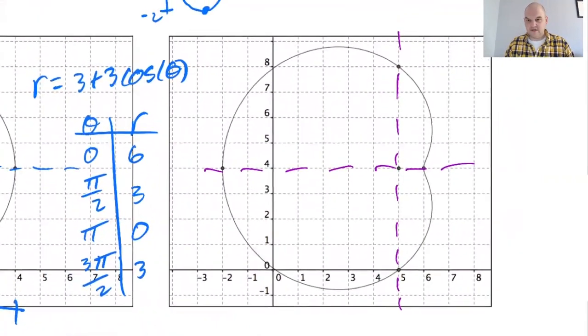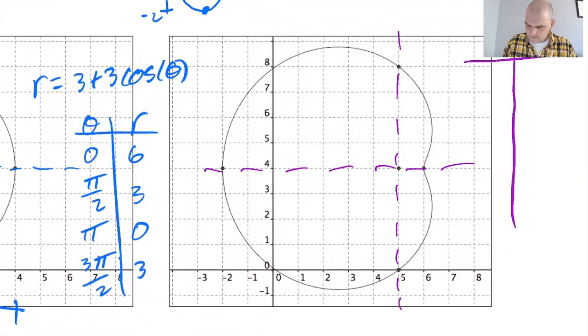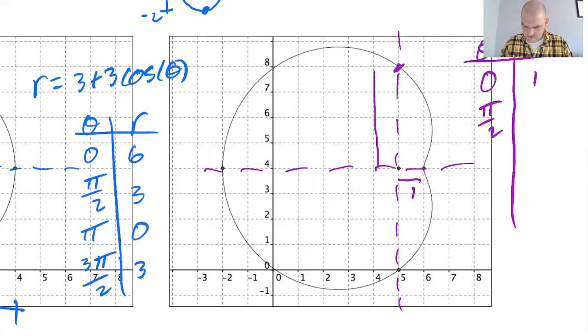So I'm going to say theta and then r, right? So it's always the distance from where the origin should be. So this distance is 1. So when theta is 0, my radius is 1. And then when theta is pi over 2, I'm going to be up here, and this distance is 3.